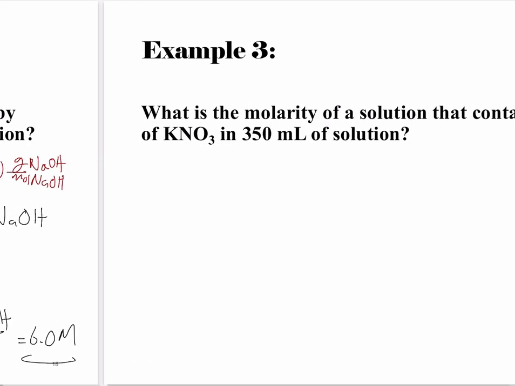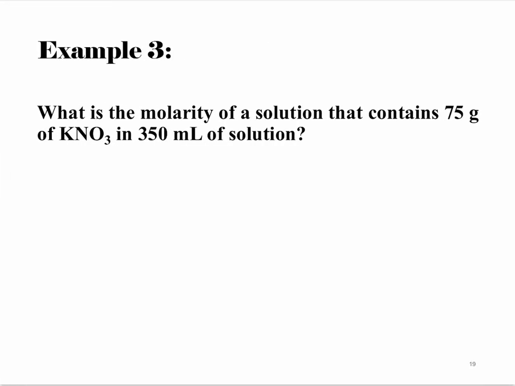All right, so see if you can figure this one out. What is the molarity of a solution that contains 75 grams of potassium nitrate in 350 milliliters of solution? So what's the first step here? Convert grams of potassium nitrate to moles of potassium nitrate.